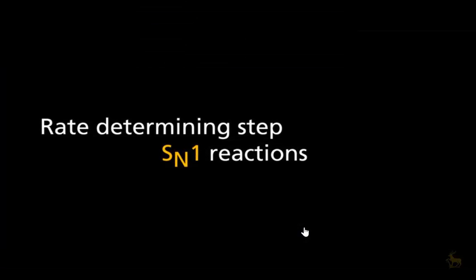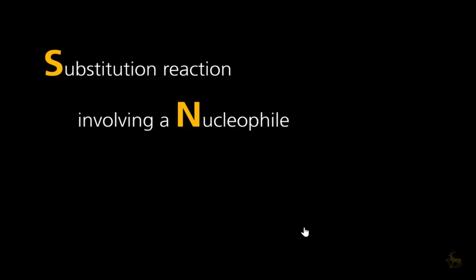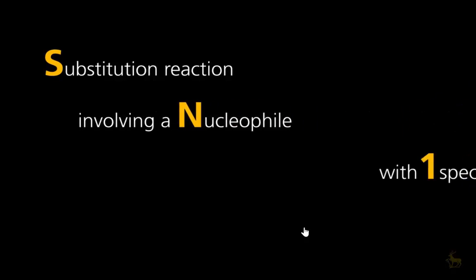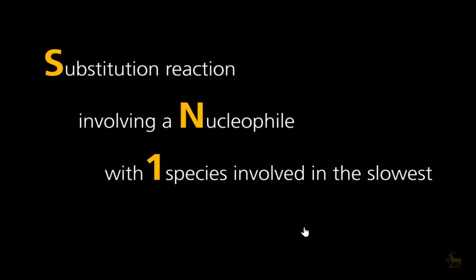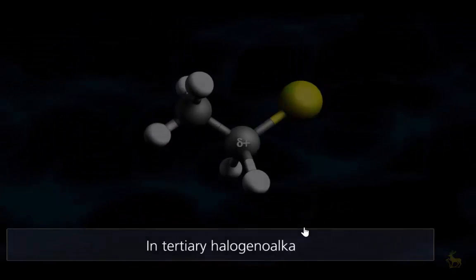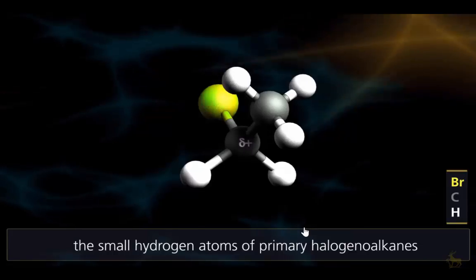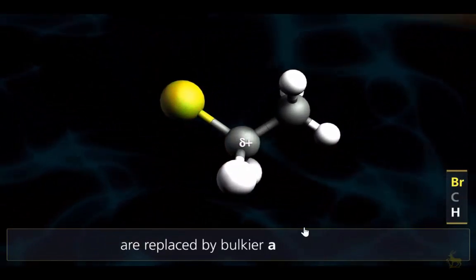Tertiary halogenalkanes undergo SN1 reactions, where S indicates a substitution reaction is occurring, N indicates that a nucleophile is involved, and 1 indicates that only one species is involved in the slowest rate-determining step. In tertiary halogenalkanes, the small hydrogen atoms in primary halogenalkanes are replaced by bulkier alkyl groups.